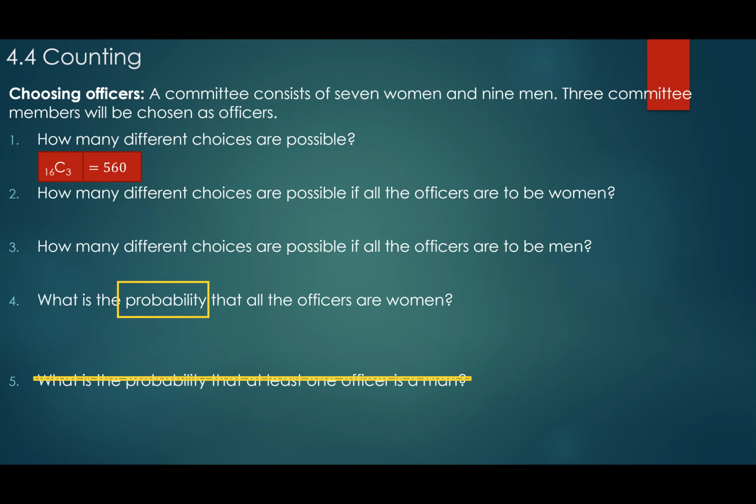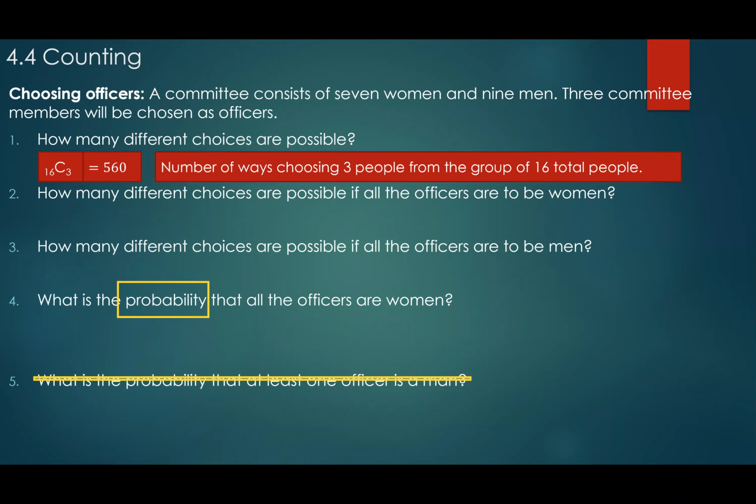Meaning, it doesn't matter if it's all 3 women, 2 women and 1 man, 2 men and 1 woman, or all 3 men. It's in these 560 possible ways that we can choose. So again, the number of ways of choosing 3 people from a group of 16 in general is 560, where the order does not matter.